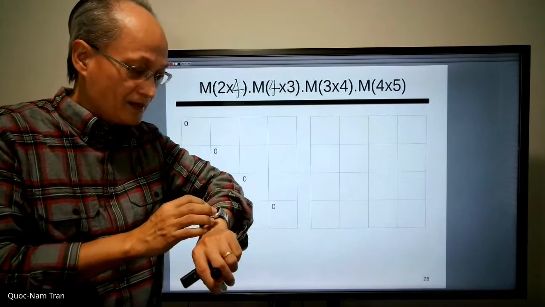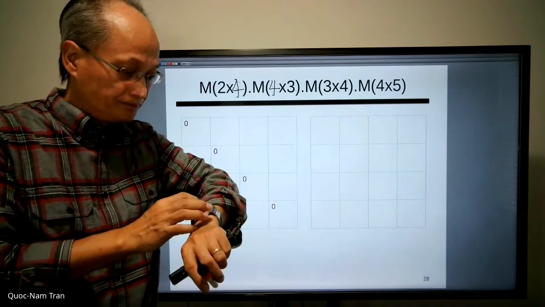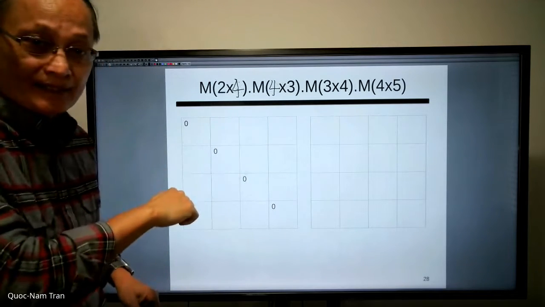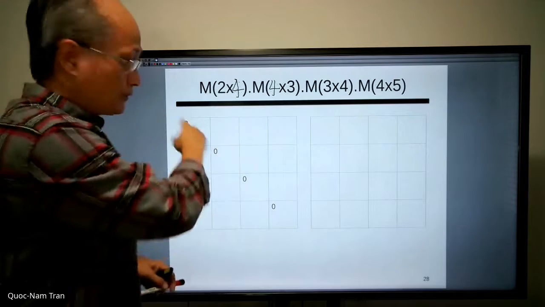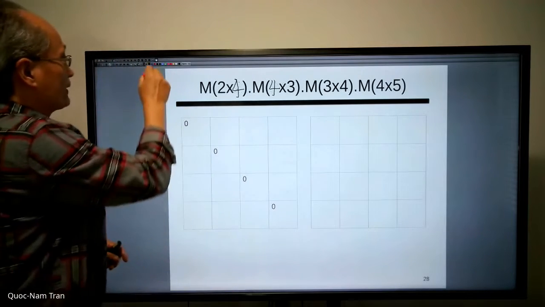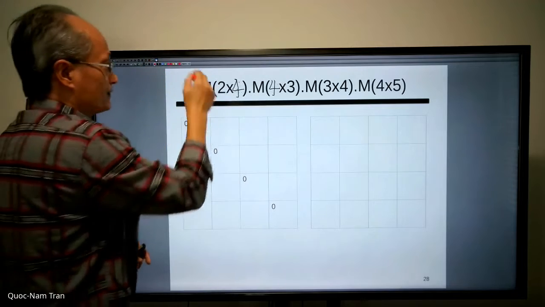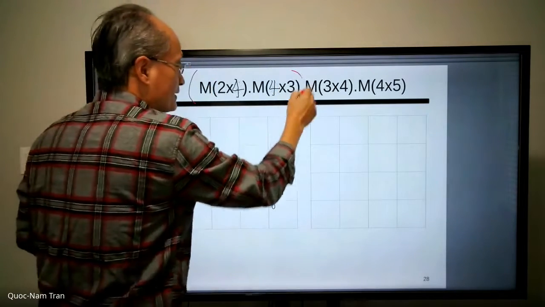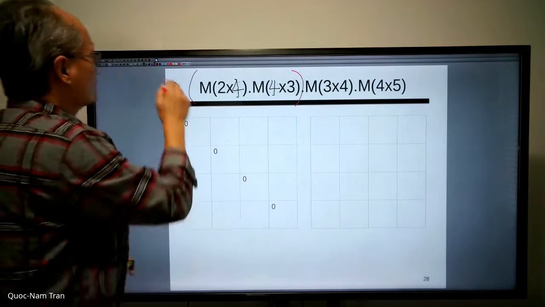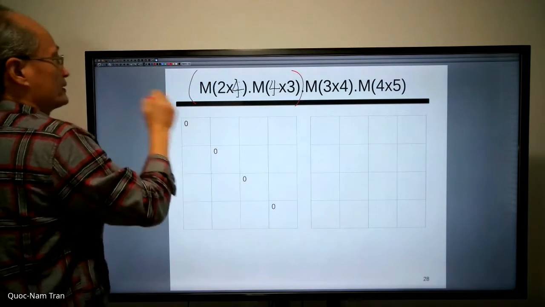I think it's enough. And then I will come back and go through the solution with you to see how we can put the parentheses in, to find out what would be the best way to multiply the matrices.